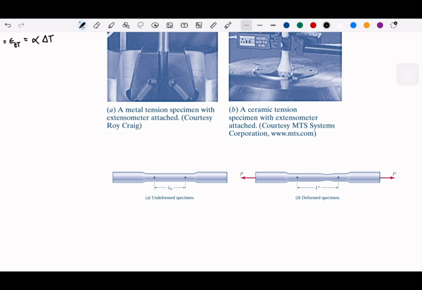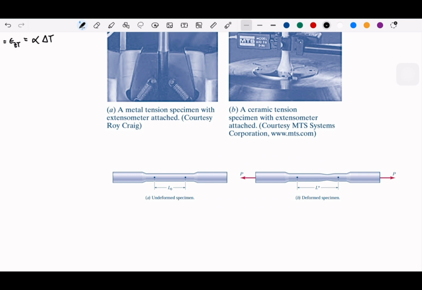This specimen is based on the standards that have been designed. Usually if you are looking for material standards, we use ASTM, which is the standard for testing.